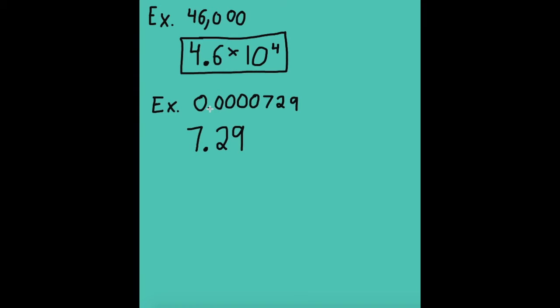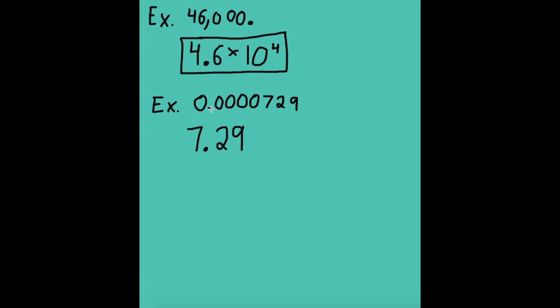Notice the difference between the last problem and this problem. In the last problem, 46,000 technically has a decimal here. We were trying to count the decimal places from after the 4 to the last decimal after the 0. In this problem with 0.0000729, we are trying to count the decimal places from after the 7 to the decimal place in the front.